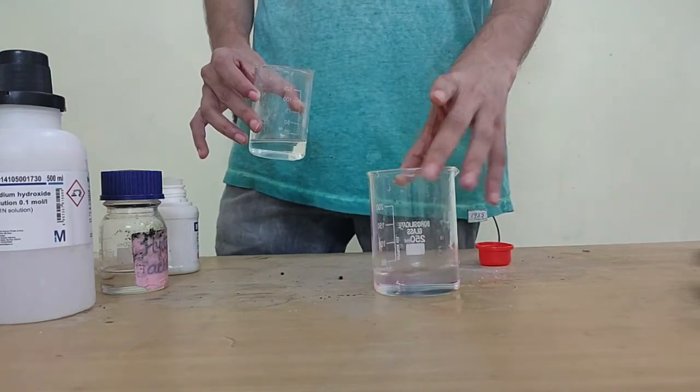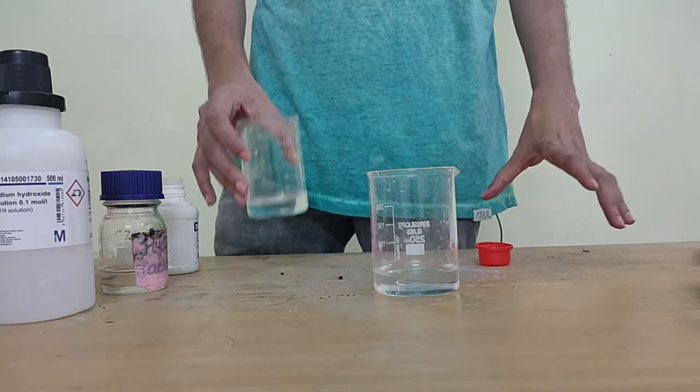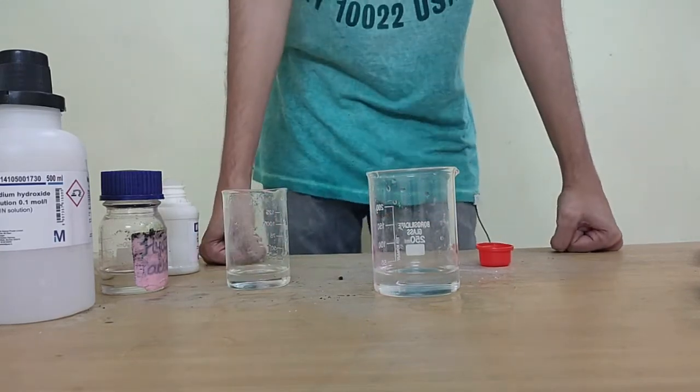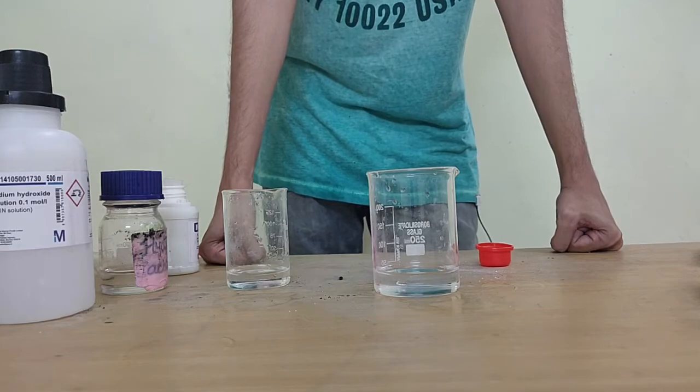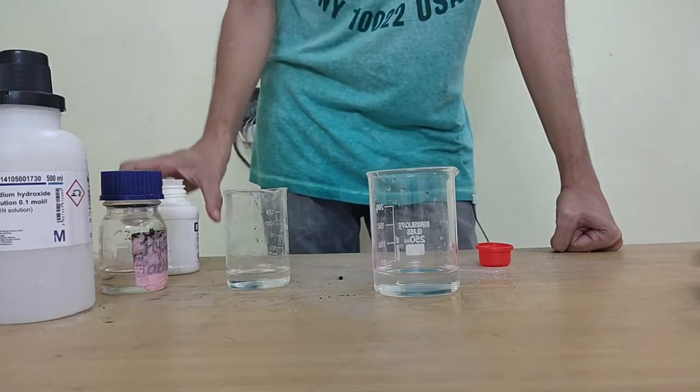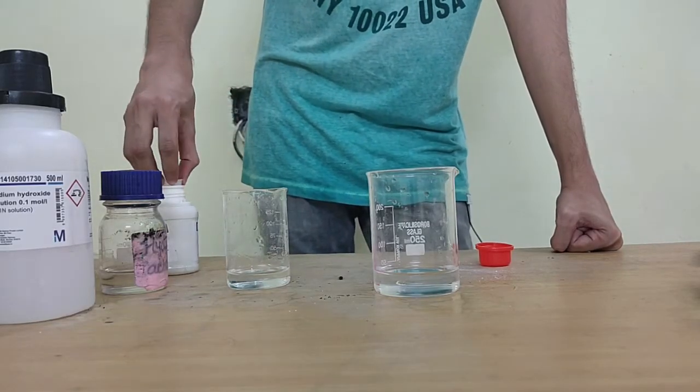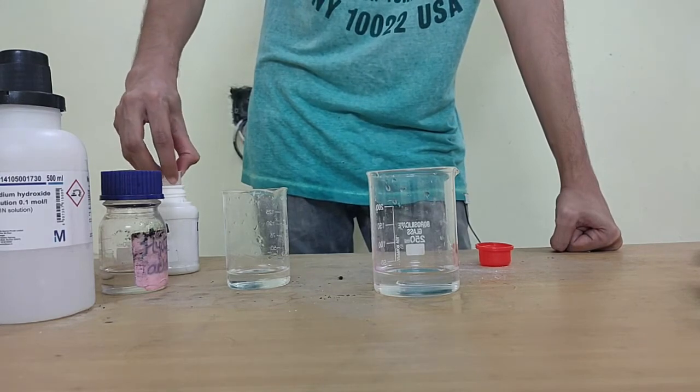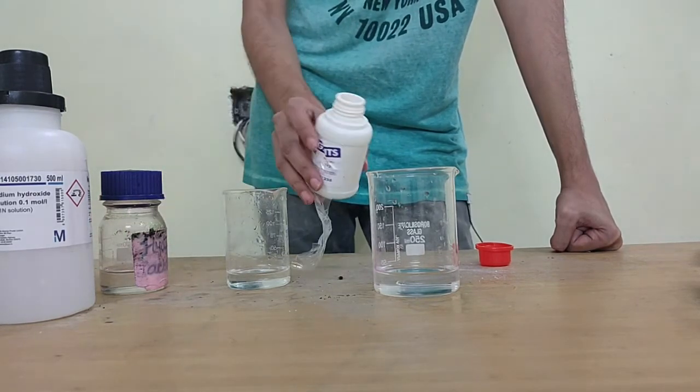If I mix it up, now you'll see that all of my solution has become colorless. If I add more phenolphthalein also, it's just going to show me this colorless. It's not about how much phenolphthalein is there.